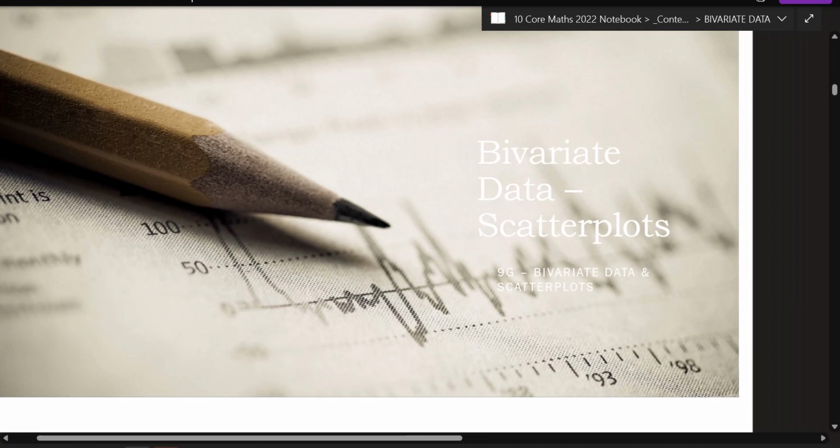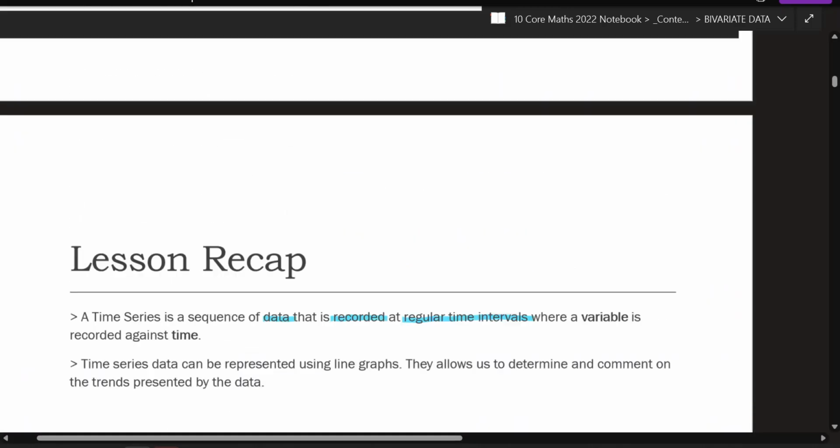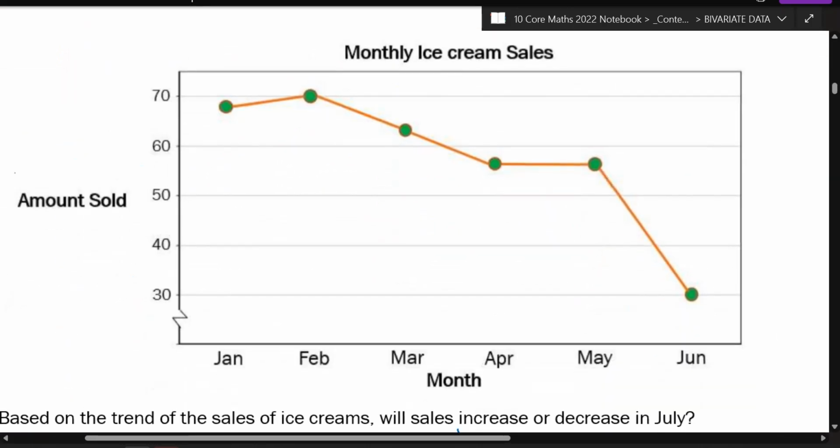All right, now what we're going to get into is scatter plots. So we learned about time series, and we learned about how to plot those bits of data. Now we're going to learn about how to plot other types of data apart from time series. A scatter plot is essentially the same as a time series, but you might have even more dots and it might be a bit more spread out. And there is no line.